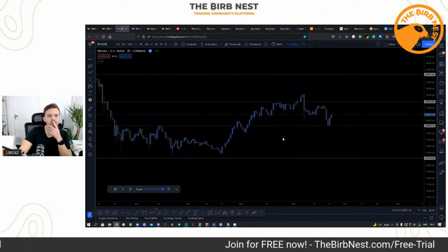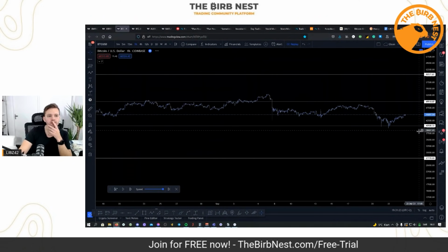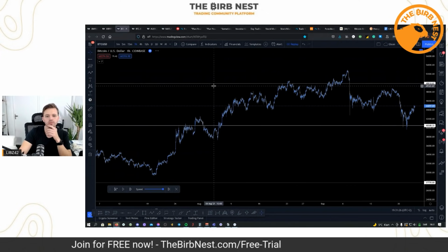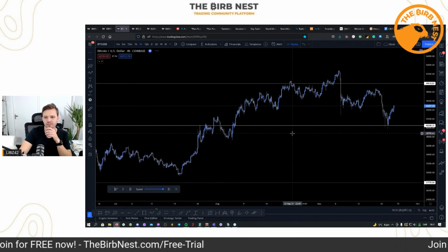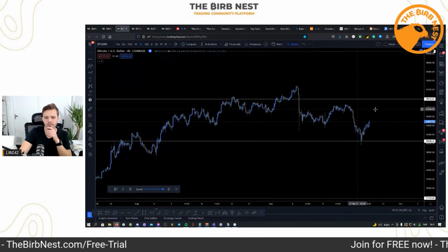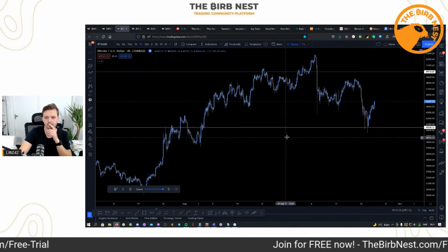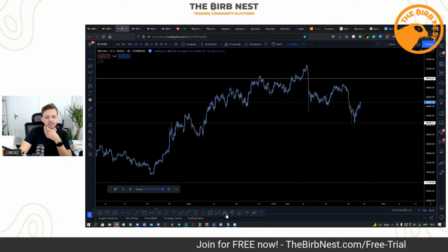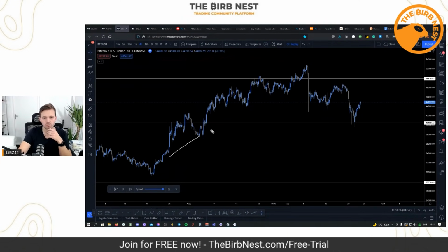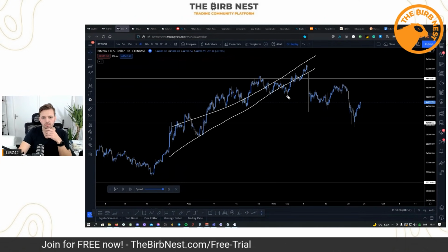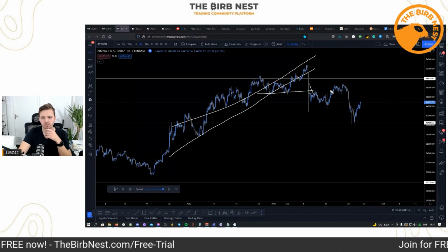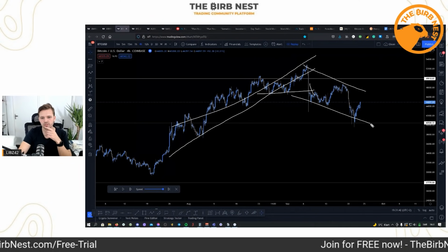And if you look at the 1 hour, let's see the 4 hour. You can see here that you have a pretty clear uptrend, which then breaks these lows and creates a downtrend, right?